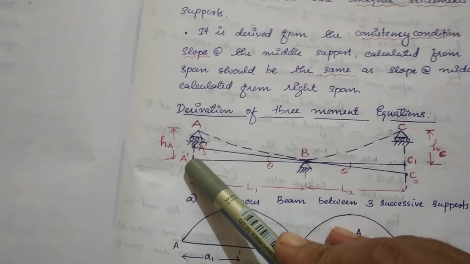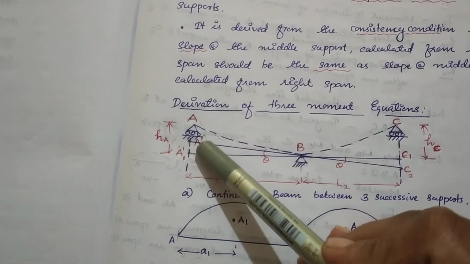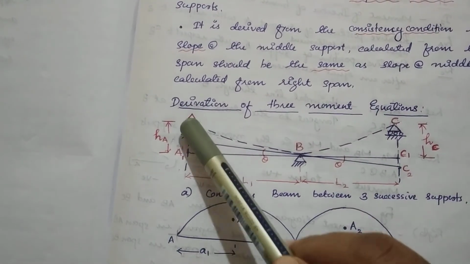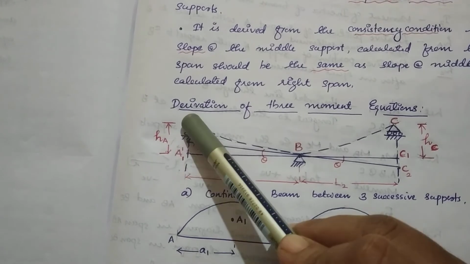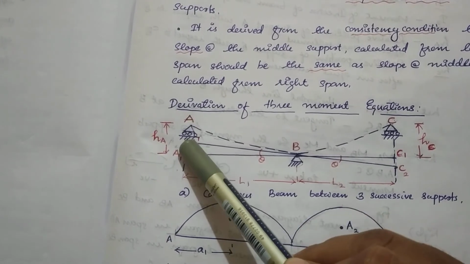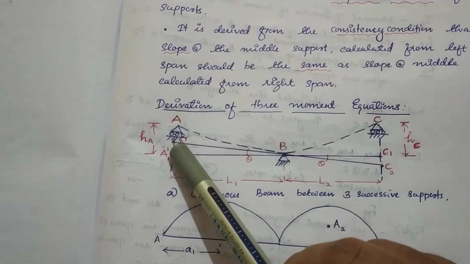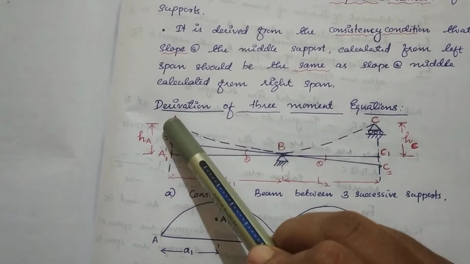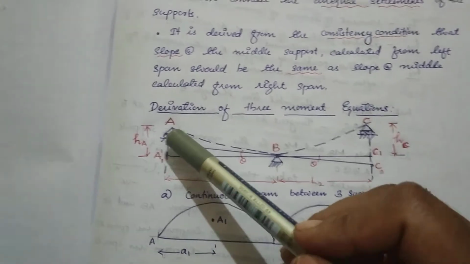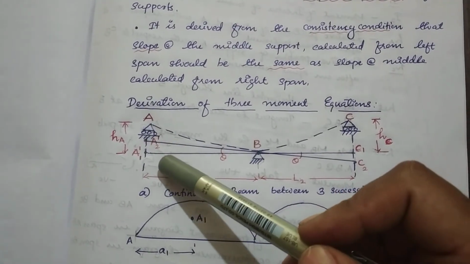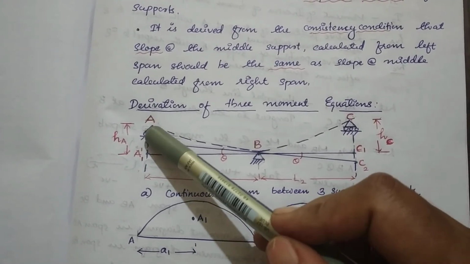So we write that expression as HA minus A2 A1. Here A2 dash A is the deflection. That means the tangent from the B at point A makes a distance, and that distance is our deflection of that B.